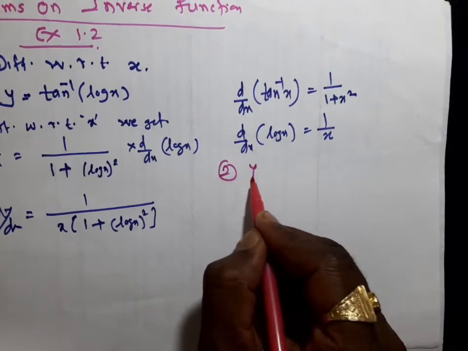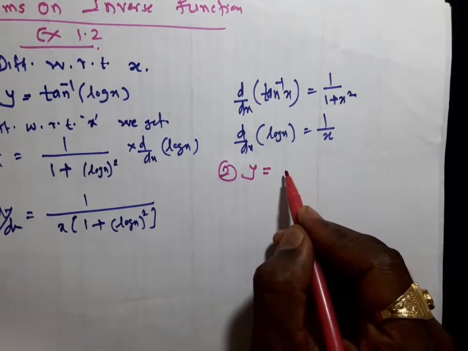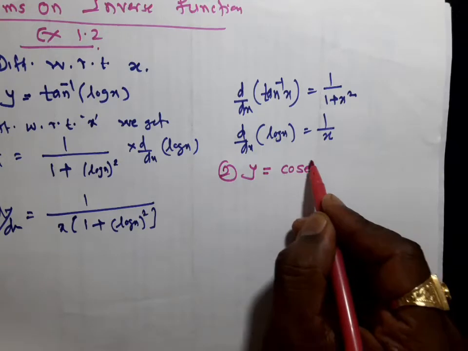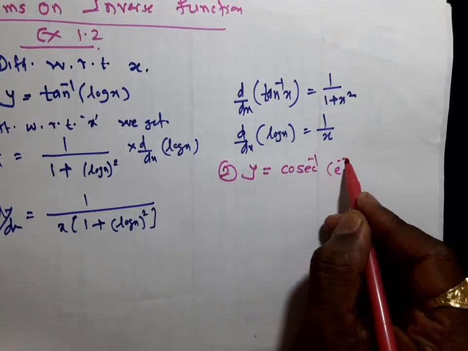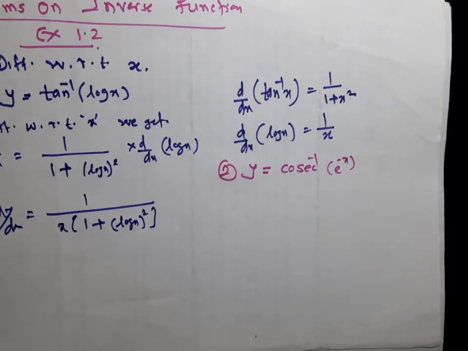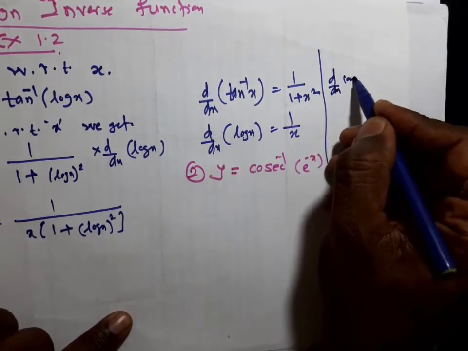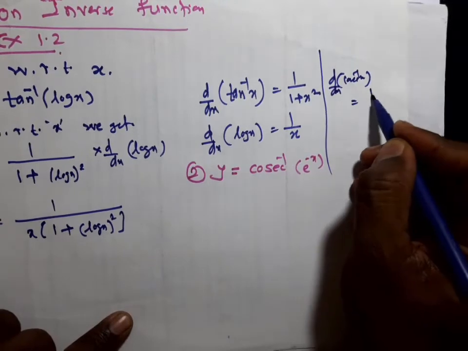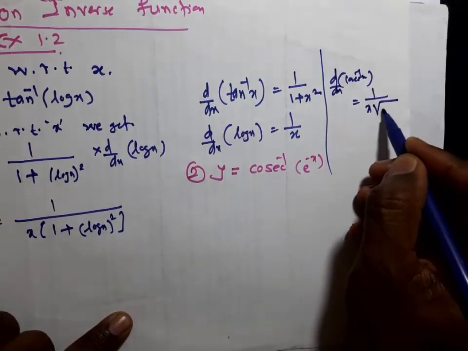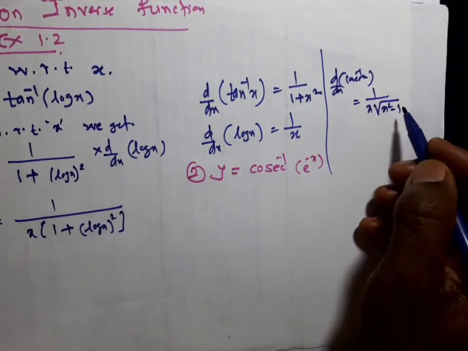Second example, y is equal to cosec inverse e raised to minus x. Now you know that d/dx of cosec inverse x is minus 1 upon x root x square minus 1.